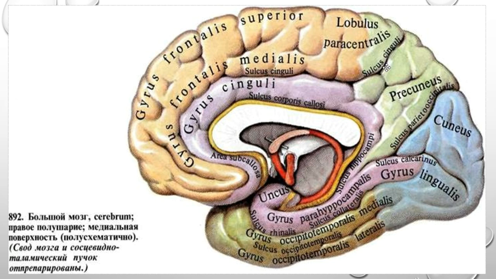Here we can see the marginal branch of cingulate gyrus. Upon reaching the posterior border of corpus callosum, the marginal branch arches upward and reaches the superior margin of the hemisphere. In the paracentral lobule, the precentral and the postcentral gyri join.